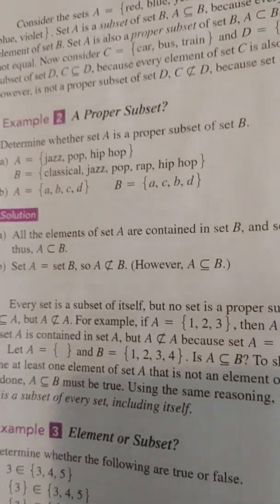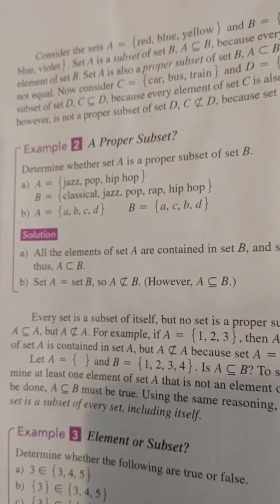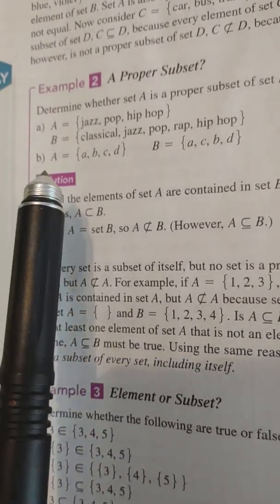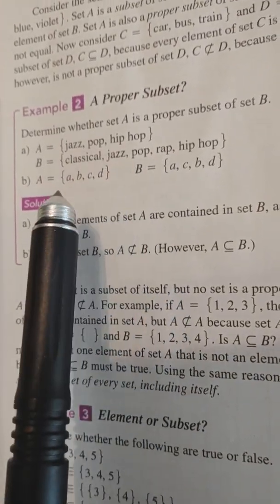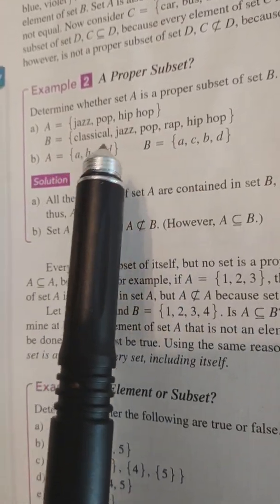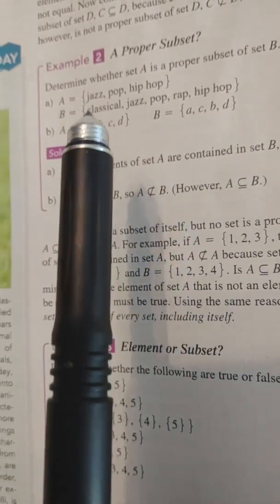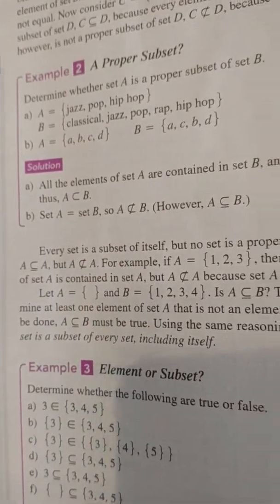All right, there's the first example problem. It says determine whether set A is a proper subset of set B. Well, if we look at this, set A is jazz, pop, hip-hop. Set B is classical, jazz, pop, rap, hip-hop. And we can see that classical is not in both.